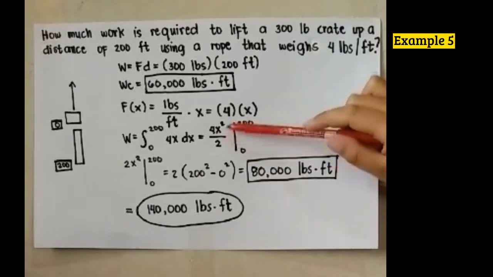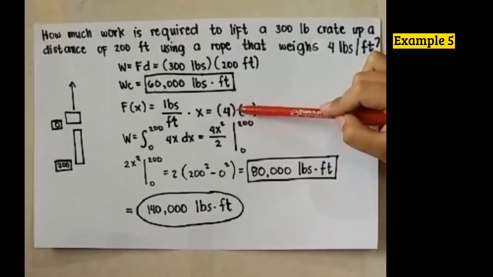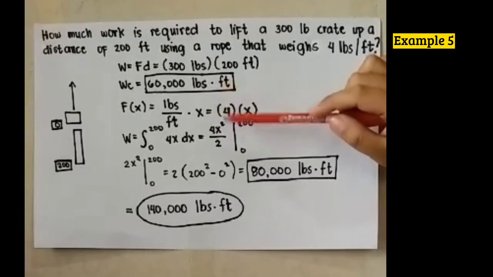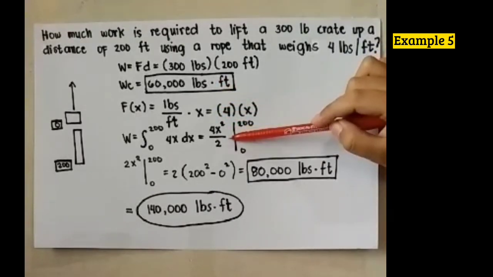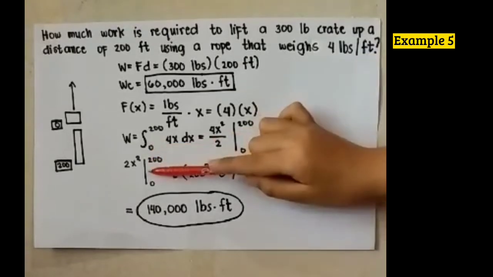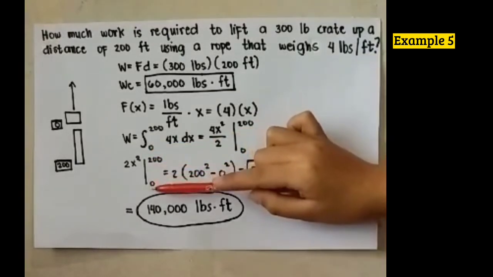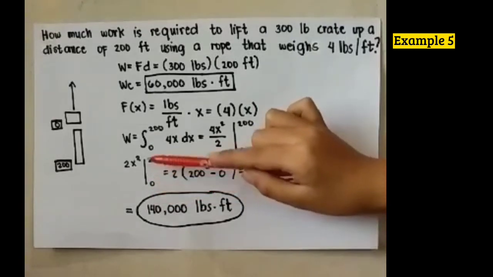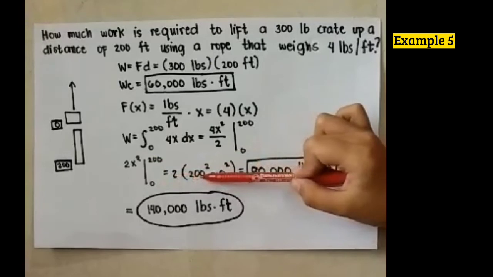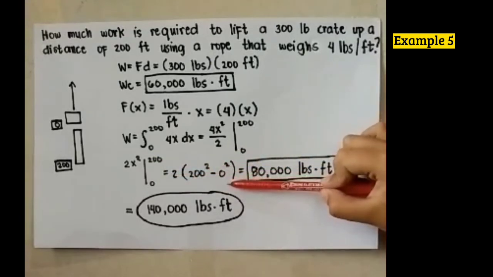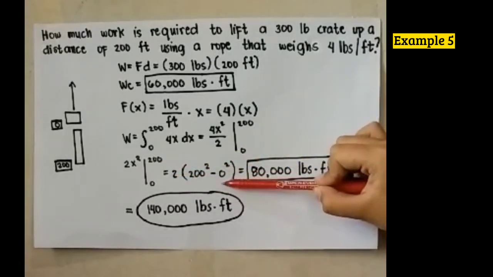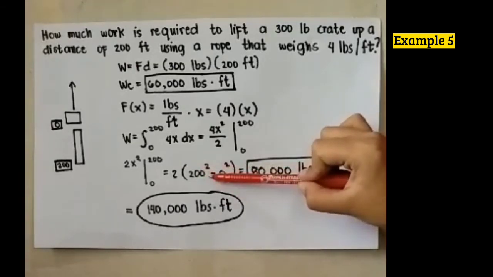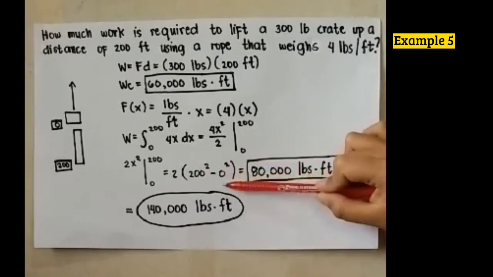So 4 divided by 2 is 2. So we have 2x squared, and that's 2 times 200 squared minus 0 squared. 200 squared is 40,000.